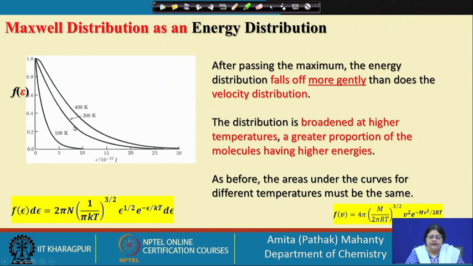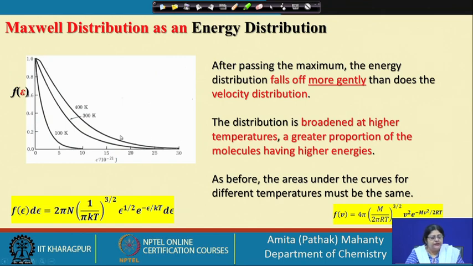See, the distribution is broader at higher temperature. You have three temperatures which we have. As in velocity distribution, the curve is much broader at higher temperature. A greater proportion of the molecules will have higher energy. As before, the area under the curve at different temperatures must be the same.